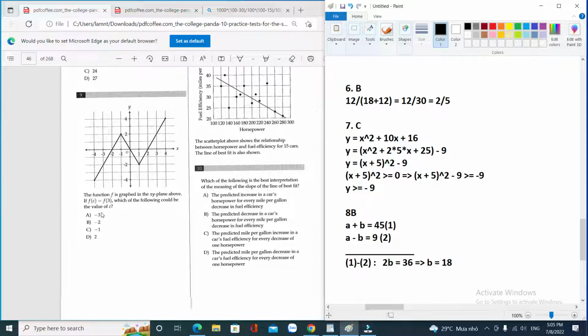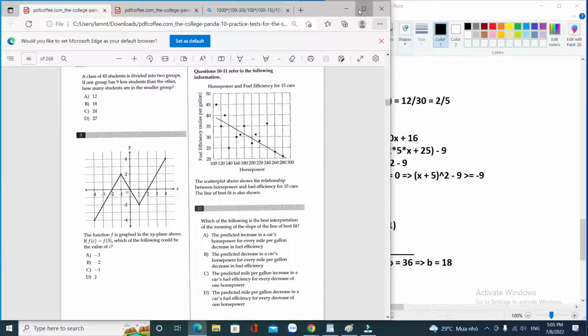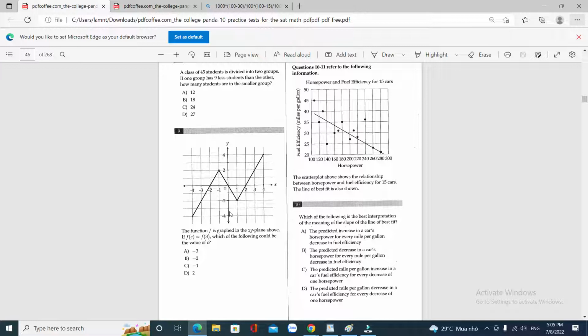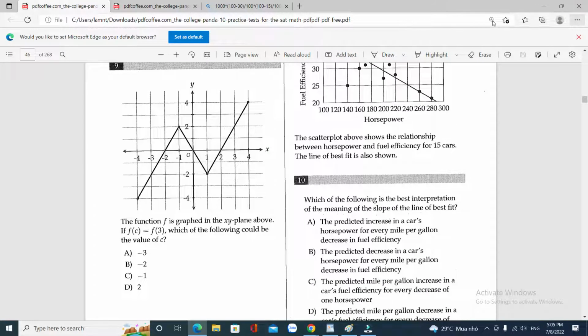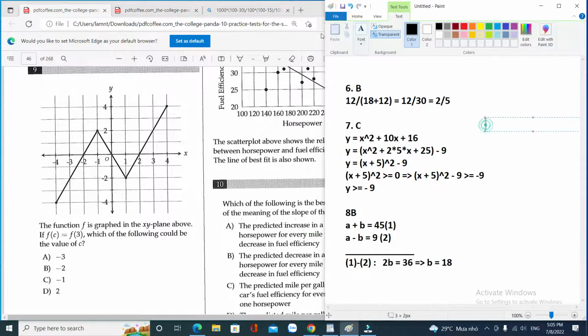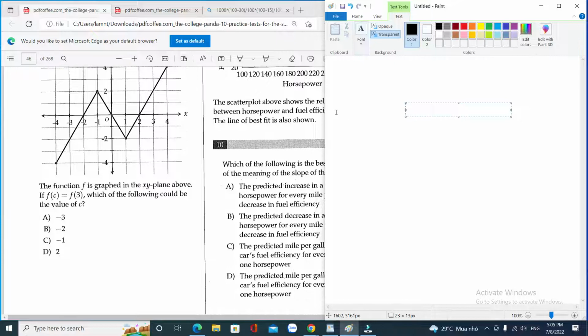The function above in the xy plane, f(c) equal to f(3) here. So I think for number 9 I'm going to have to copy this image down and paste it in here.